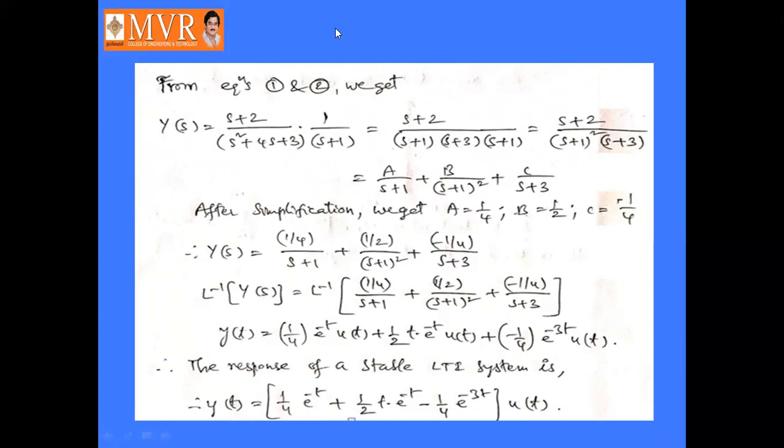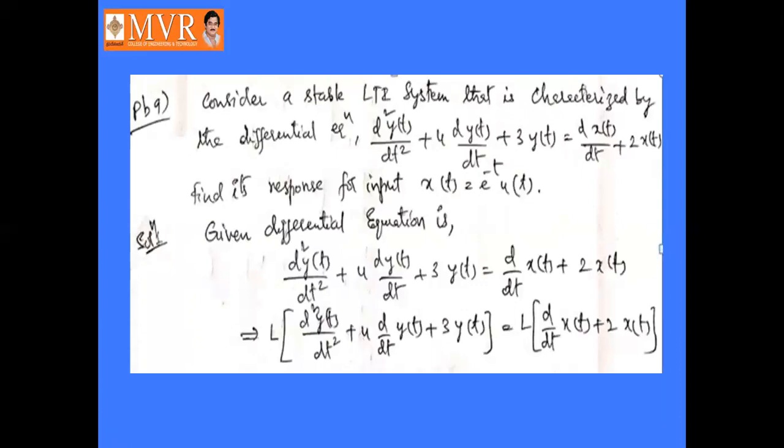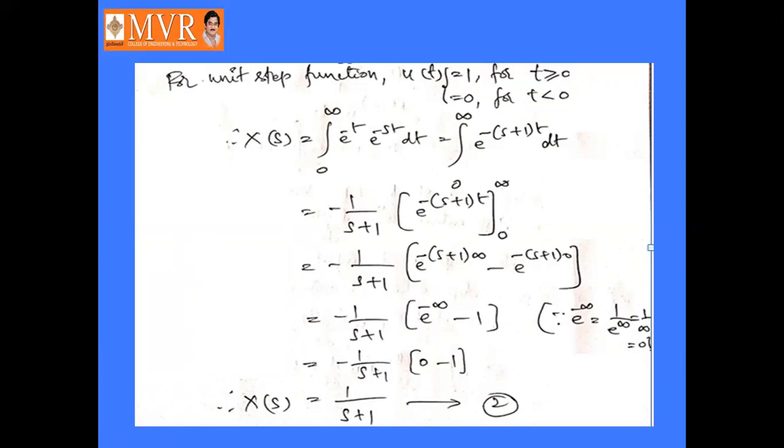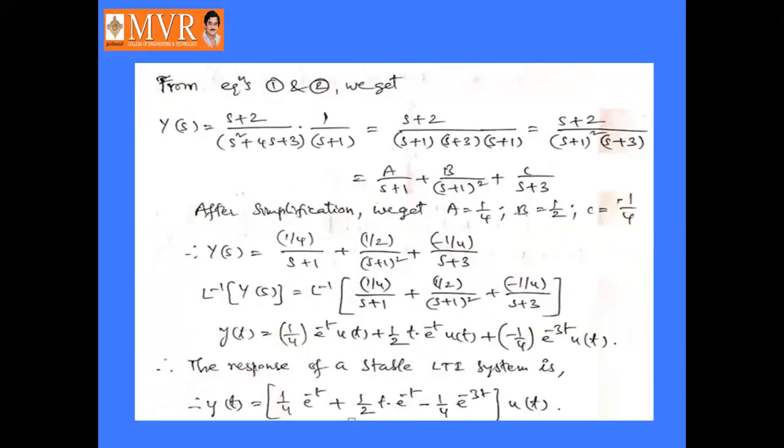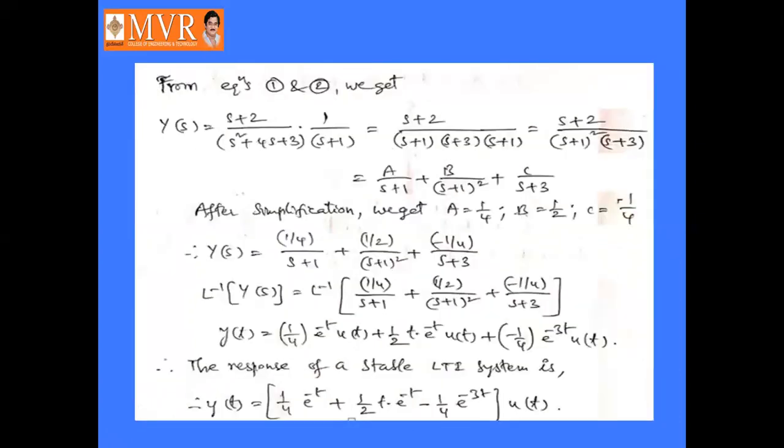From equations 1 and 2, we get y of s, which is nothing but x of s multiplied by h of s. X of s is 1 by s plus 1, and h of s is s plus 2 by s square plus 4s plus 3.